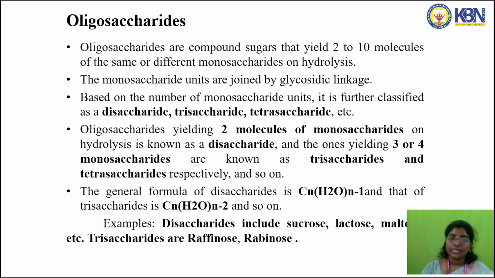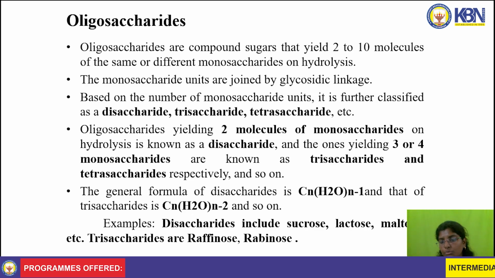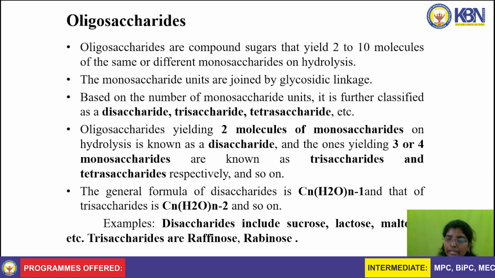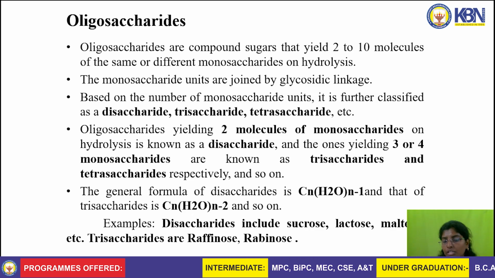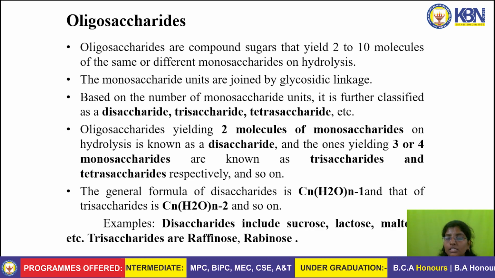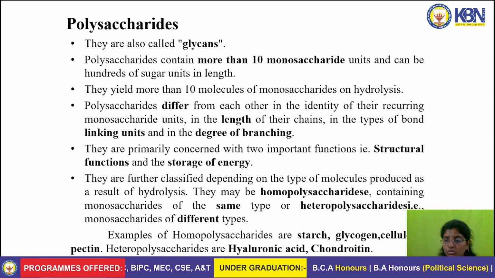Disaccharides have 2 sugar molecules, trisaccharides have 3 molecules, and tetrasaccharides have 4 molecules. The general formula of a disaccharide is CnH2n-2On-1. These examples are sucrose, lactose, maltose, etc.